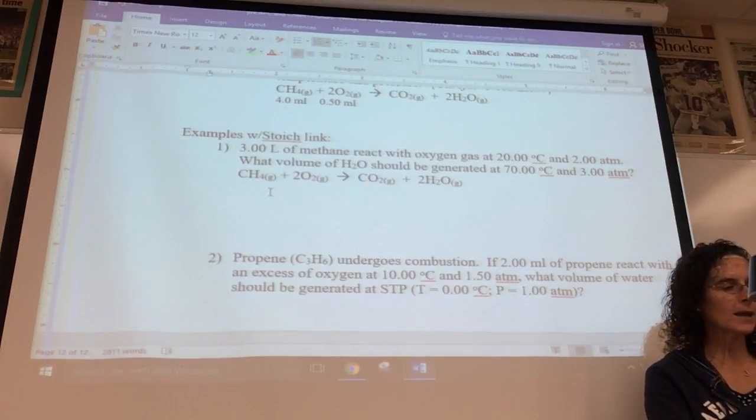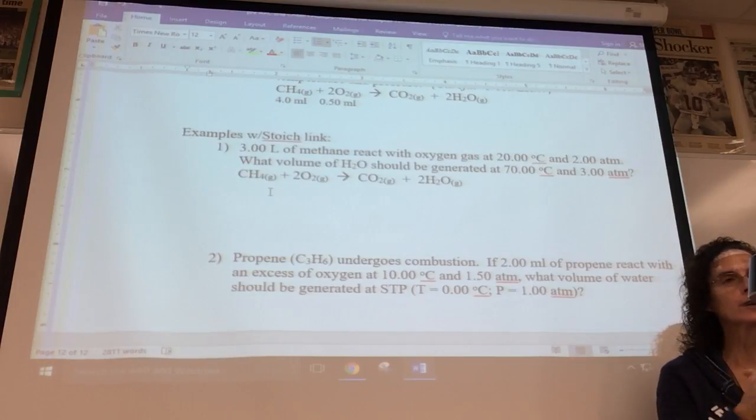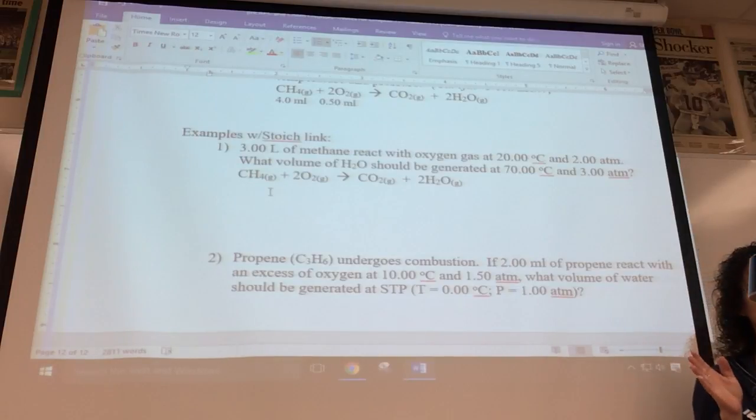What you want to recognize, you're given information about methane. You're given the volume of methane under one set of conditions. You want to know the volume of water under a different set of conditions. So is this straight up combined gas law? No, because you have 2 different gases, and that's the key.